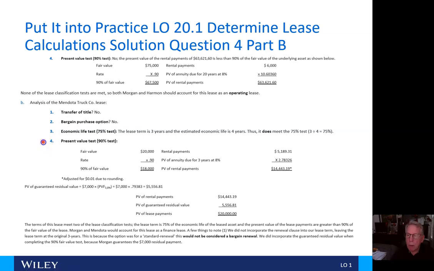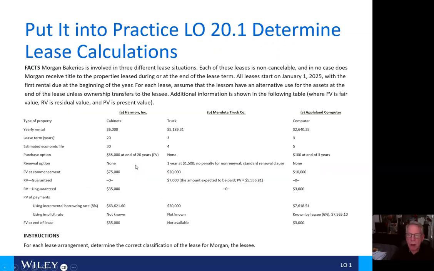And number four, the present value test. Here, the fair value was $20,000. We take 90% of that, and that's going to give us $18,000. We get that $20,000, by the way. Here's the fair value at commencement, $20,000.